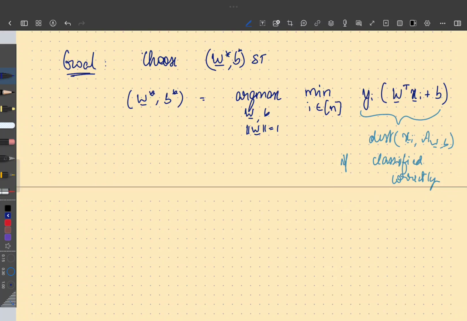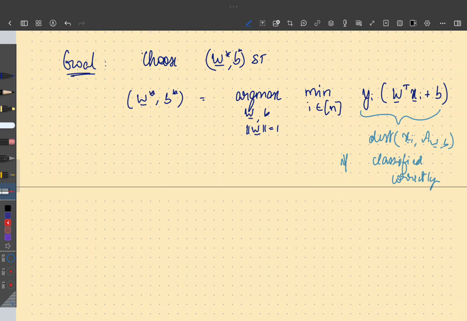Okay, but this is fine. The only problem with this particular formulation is that I can't efficiently find the solution, because it's not a convex optimization problem. Firstly, I have a minimum of multiple functions, and secondly, the maximization is taken over a non-convex set.